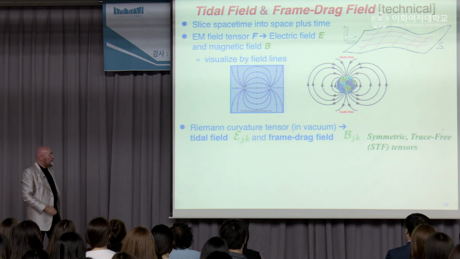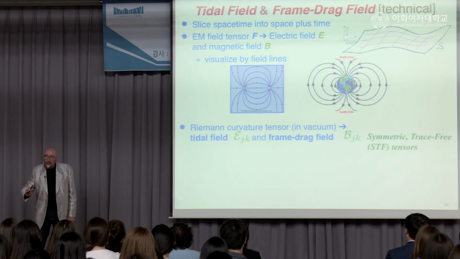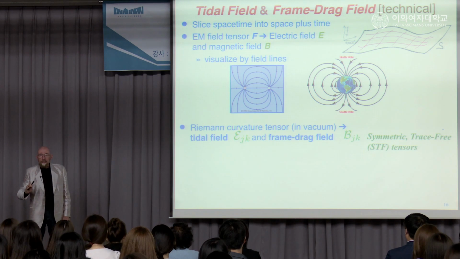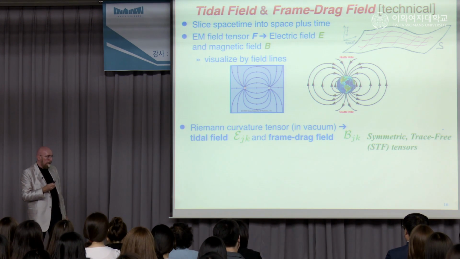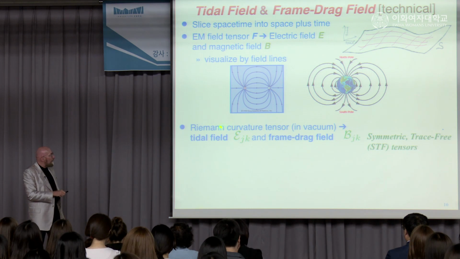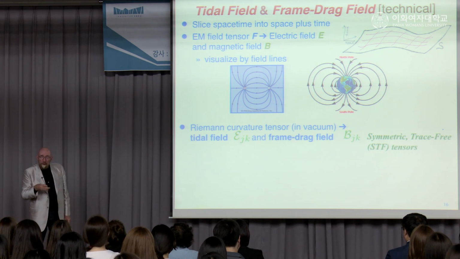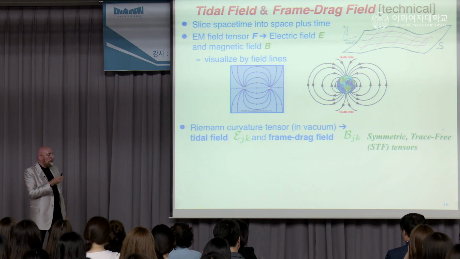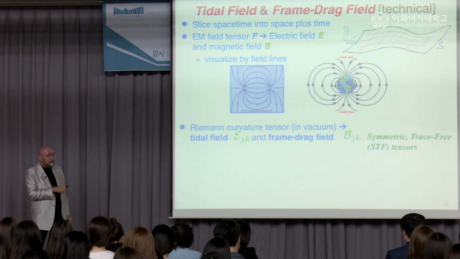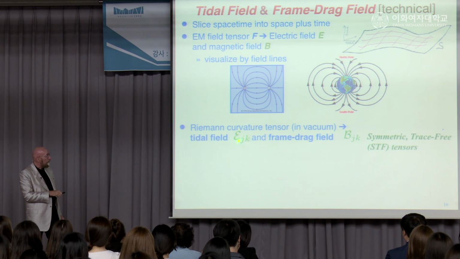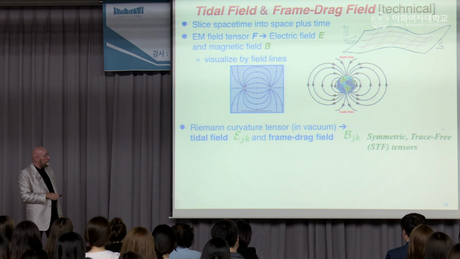Now, in relativity theory, the curvature of space-time is embodied in something called the Riemann curvature tensor. And in vacuum, if there's no matter around, you can split this up into two parts, similar to what you do for electromagnetism. They're called the tidal field and the frame drag field.